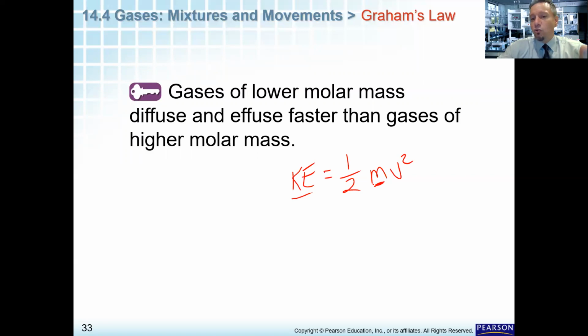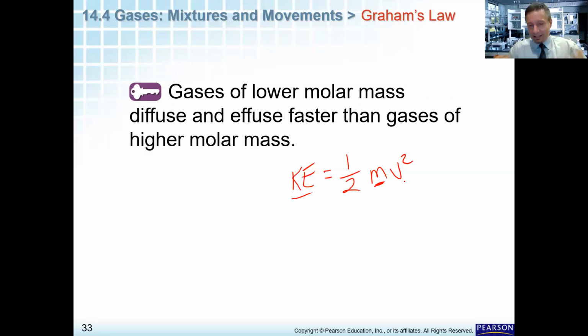If you have two molecules that have the same kinetic energy, the one with the smaller mass, if the mass was smaller, would it make sense that the velocity would have to be faster to have the same kinetic energy? So if it had a larger mass, in order to be the same kinetic energy, velocity would have to be lower.